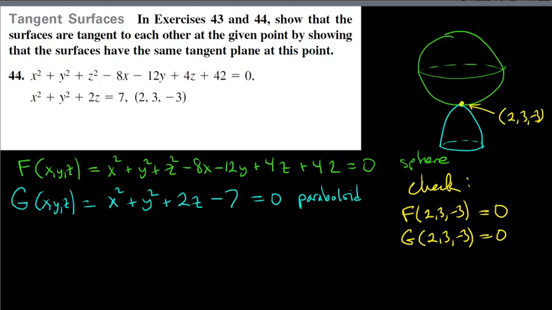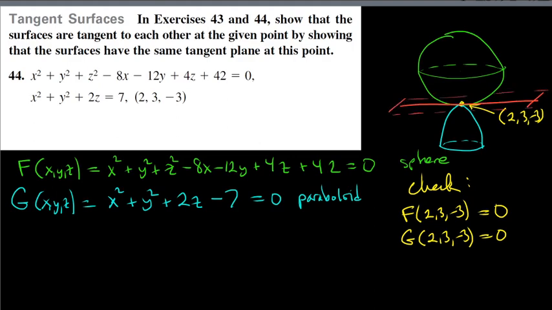On the other hand, that doesn't mean that they're tangent to each other. In this picture, it looks like the tangent plane will be horizontal because it's sitting right between the sphere and the paraboloid. Think of this as the plane coming right out of the board at you.